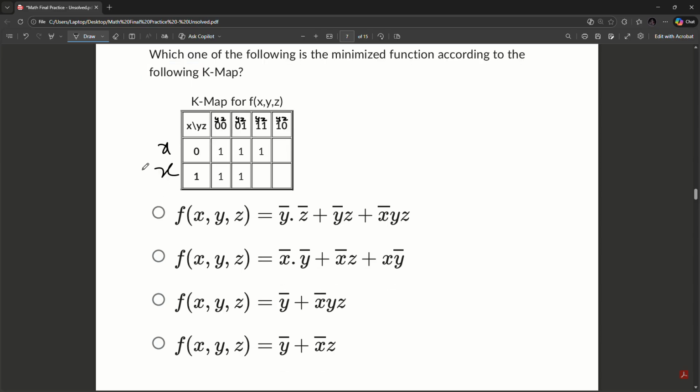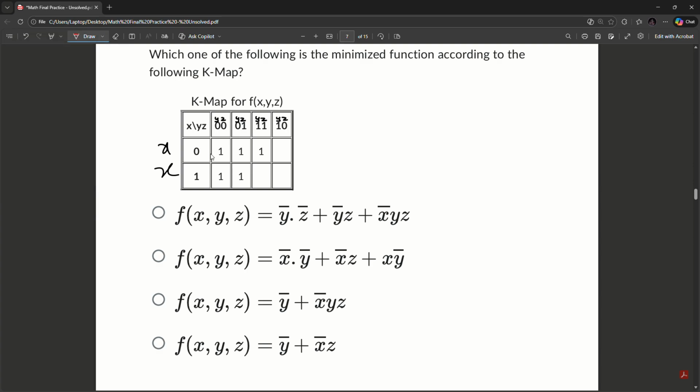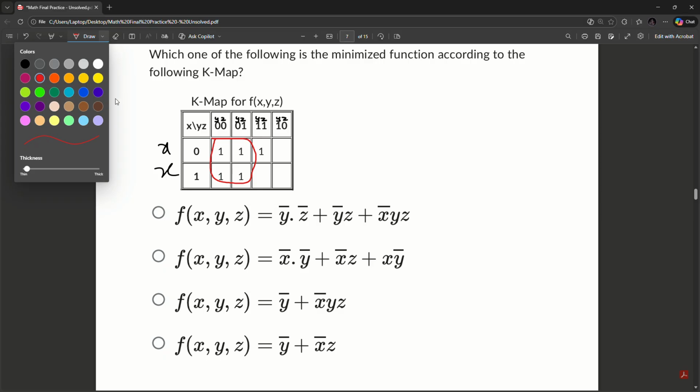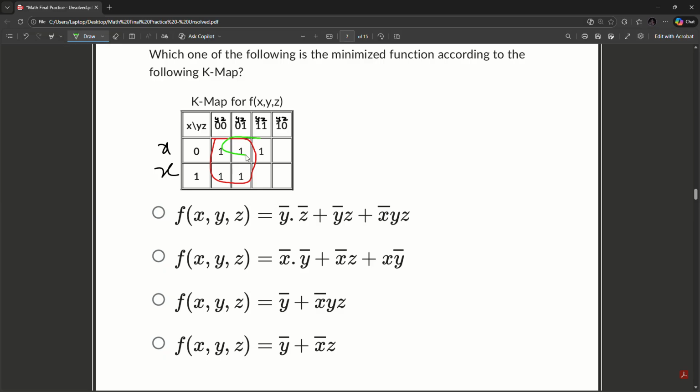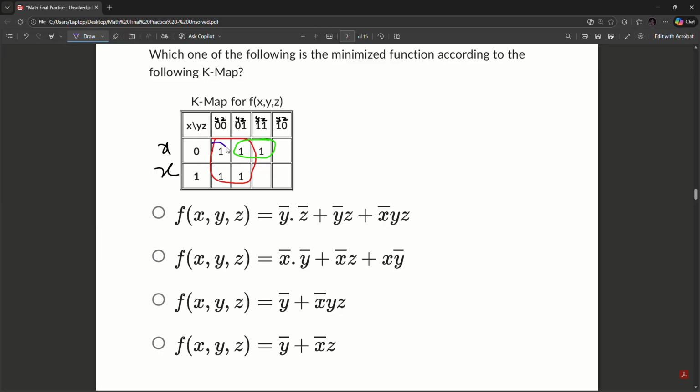Now then, if I do it in different colors, so if you see here, they can only be done in either cubes or like this, or in the very rare chance like this. That of course is in the rare chance.